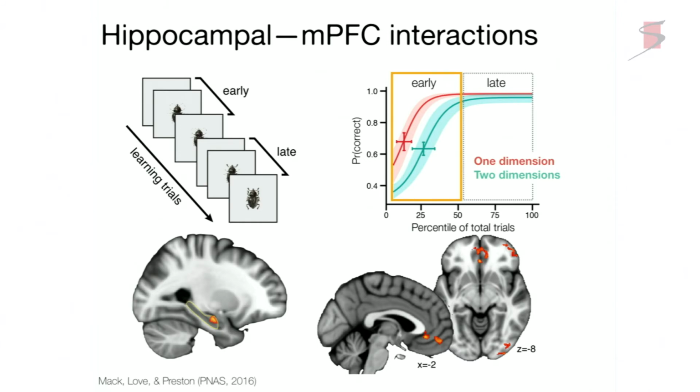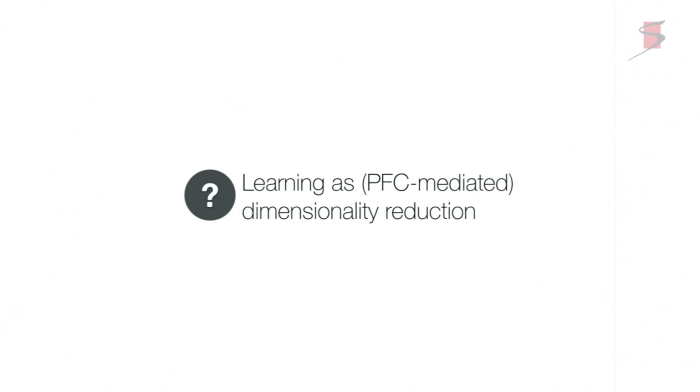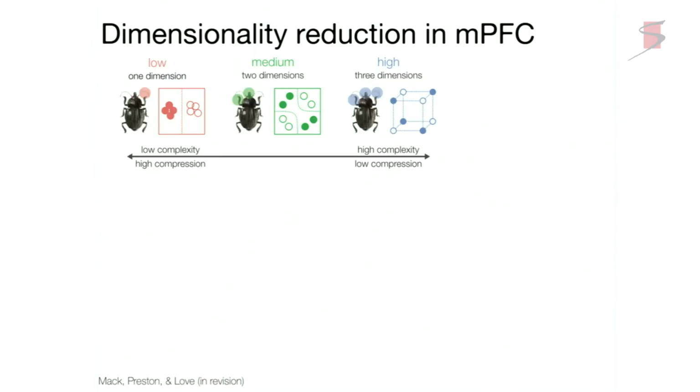environment. And so specifically, what we hypothesize is going on, right, is that learning is actually dimensionality reduction that's mediated by these PFC regions. And so in the context of this task, the way to think about it is we actually have a variant here.